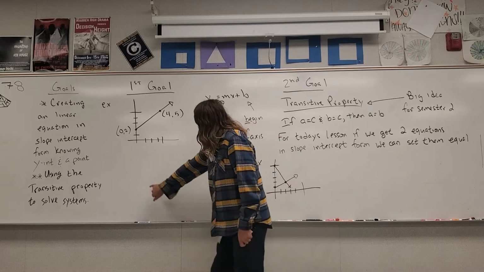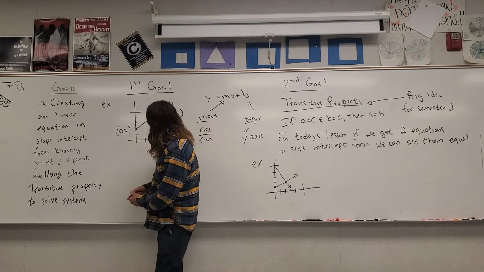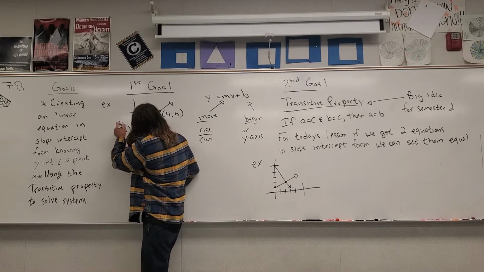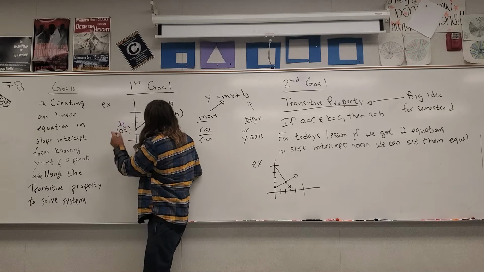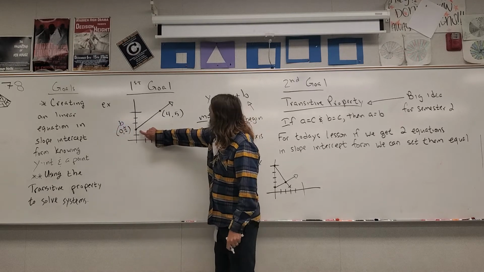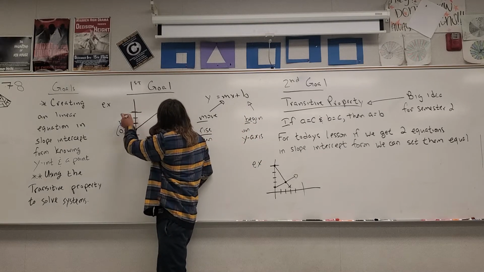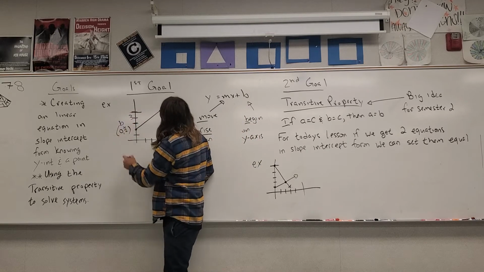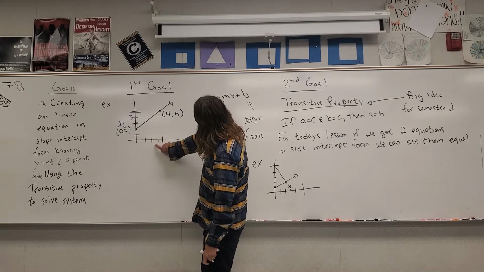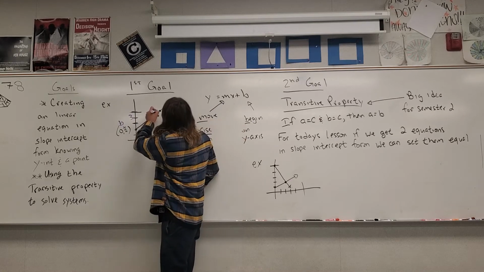So right here, we're beginning at 2 on the y-axis. So it's very easy to find b. There it is, it's 2. And to go from here to here, I have to move up 1, 2, 3. So I'm rising 3, and I'm running 1, 2, 3, 4. I'm running 4.